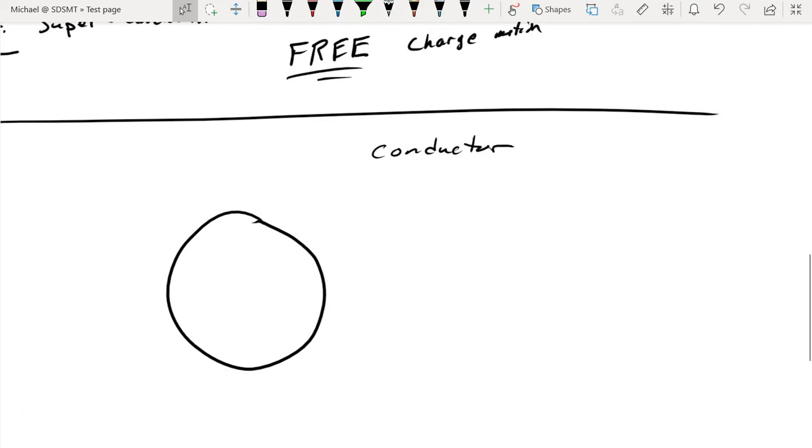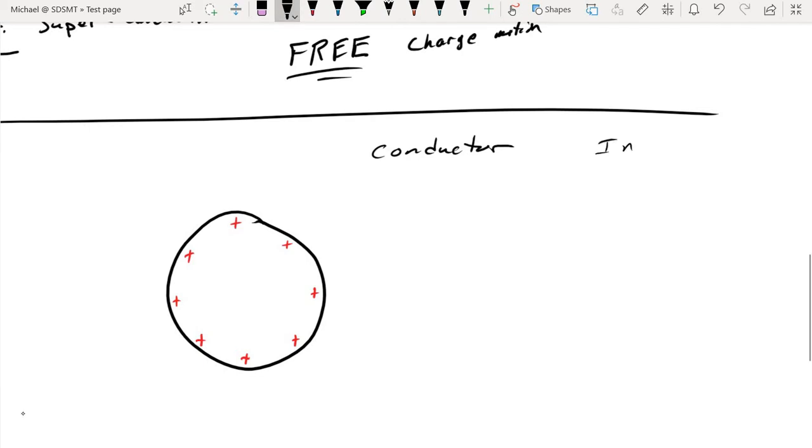Given enough time, these charges will be able to move, and these charges will distribute themselves uniformly about the surface of that conducting material.